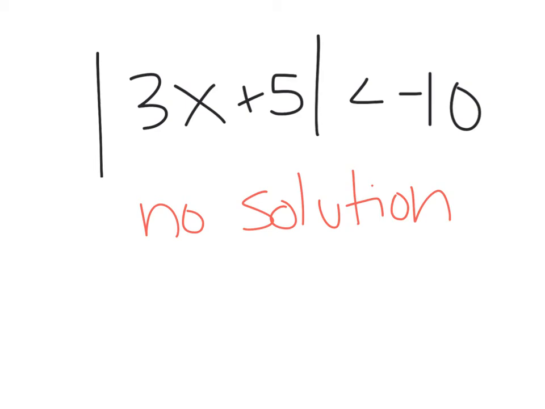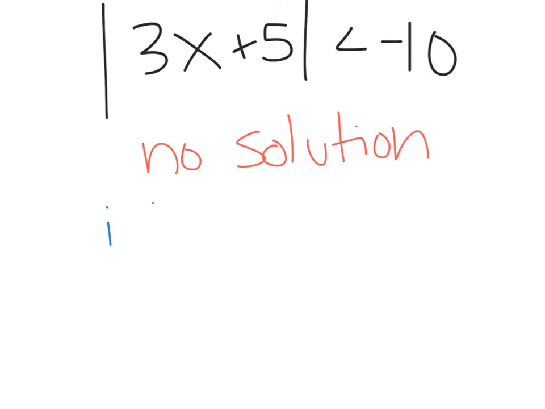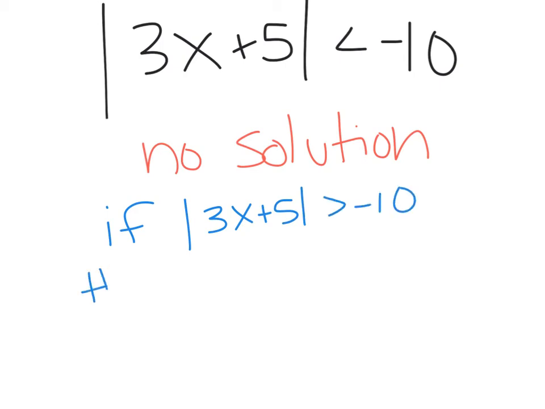I don't have any others that have the all real numbers, so I'm going to show you right here what that would be like. So if absolute value of 3x plus 5 is greater than negative 10, then, if we think about this one, again, I don't know what this is, but I know it's positive. So positive is greater than negative 10. Are positive numbers greater than negative 10? Yes, absolutely.